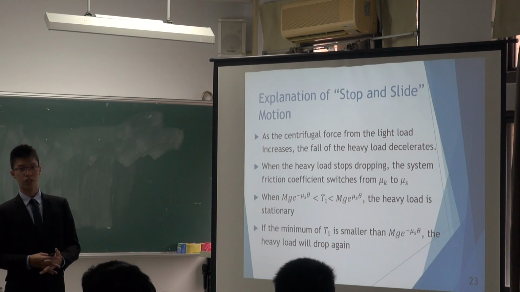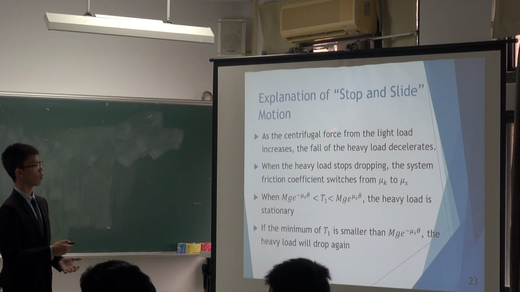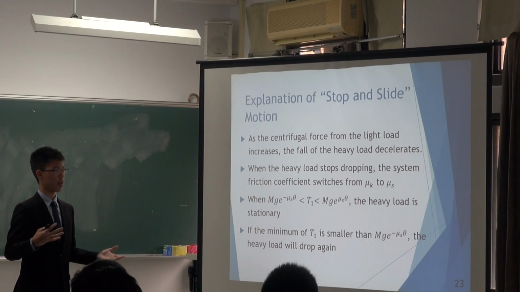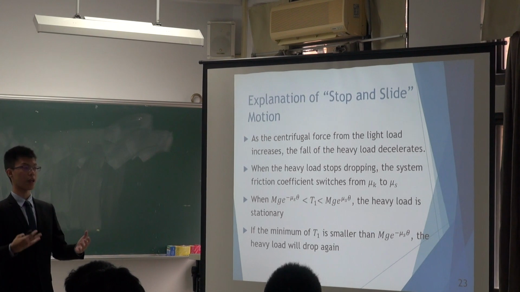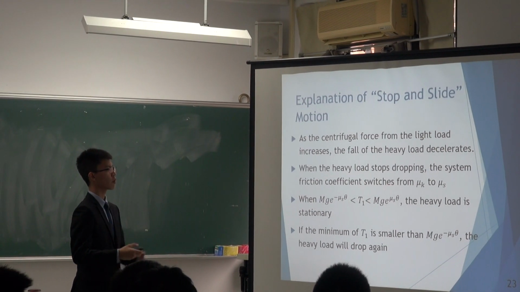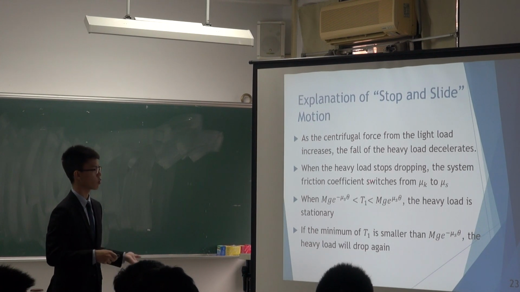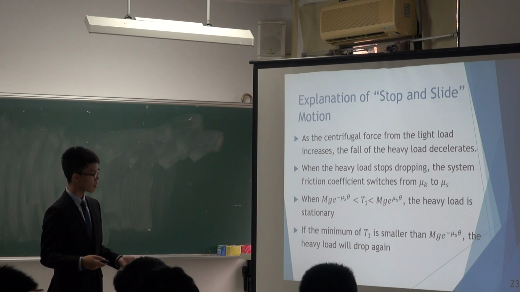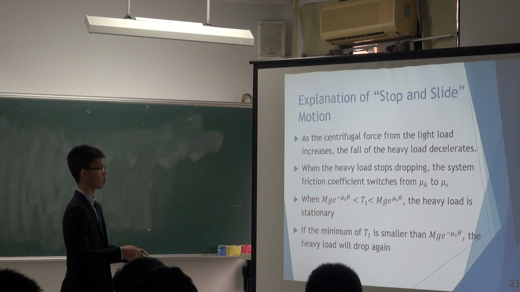The explanation of this double drop is that as the centrifugal force from the light load increases, the force on the heavy load accelerates, in association with the tension in the motion. When the light load stops dropping, the system switches from the kinetic to the static coefficient, depending on how we discuss it.